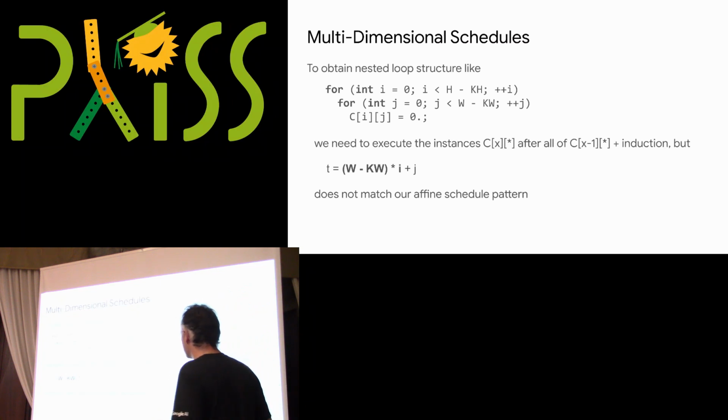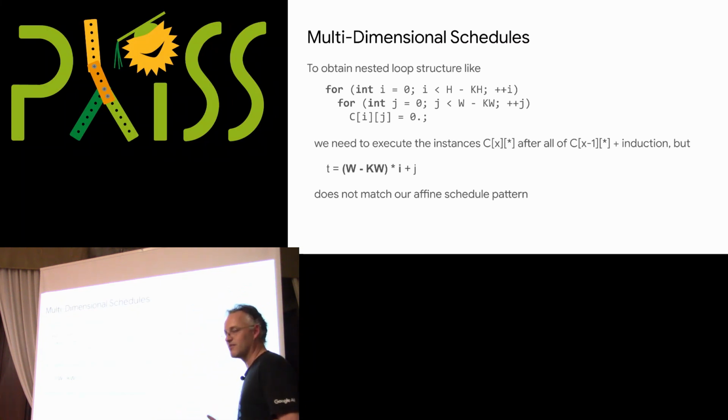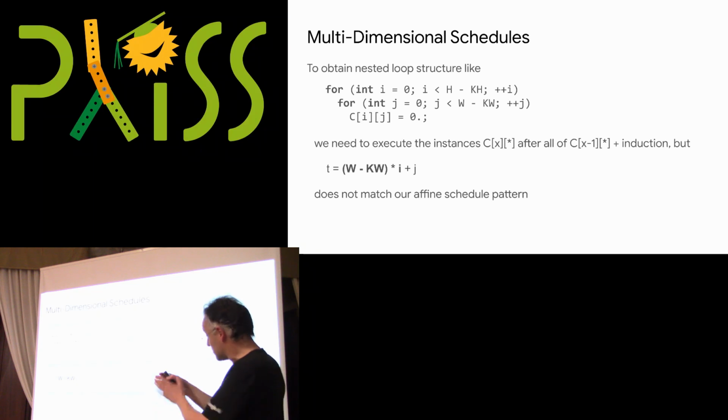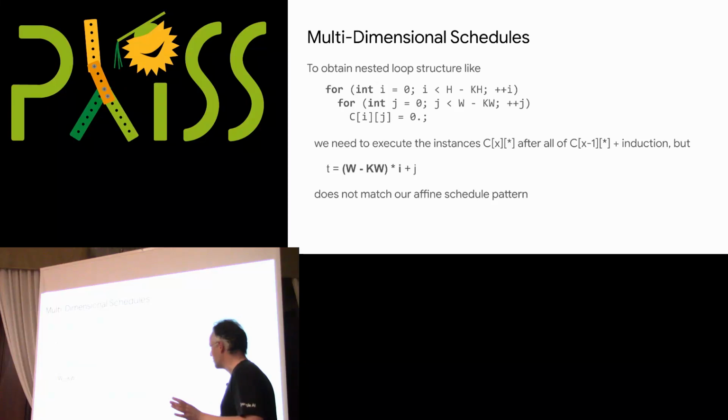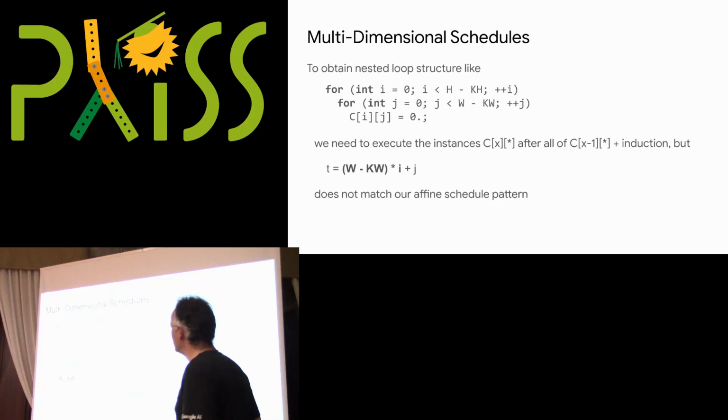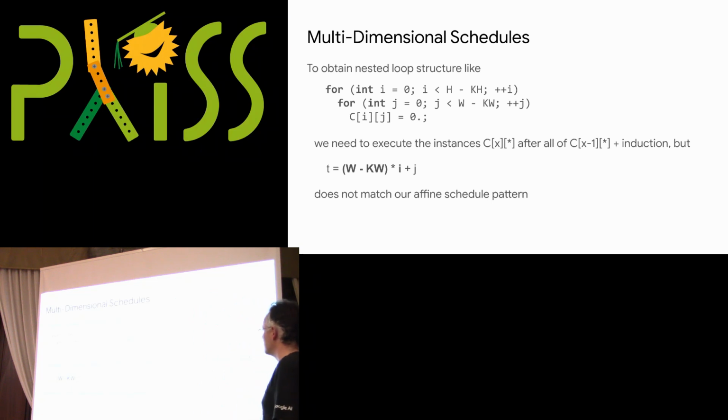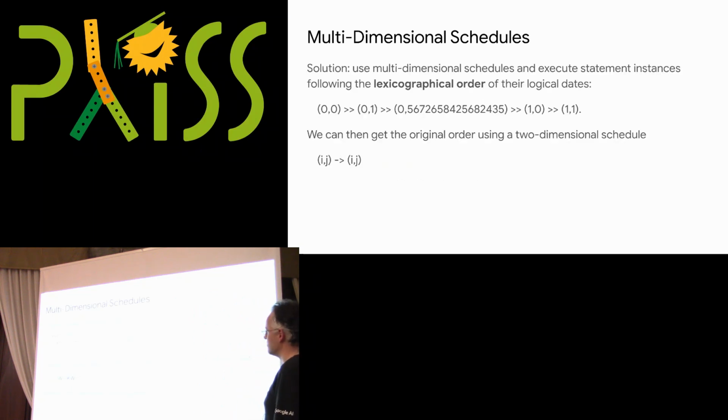This can be very easily modeled in a linear algebraic or geometrical way. The advantage is that now you can describe the ordering of those iterations, the canonical ordering of the imperative C-like loop nest, using affine functions again. Using linear functions, you don't have to multiply by the number of iterations, like h minus kh or w minus kw. These things will never appear. You will never get these kinds of products in the functions, which would not be linear.